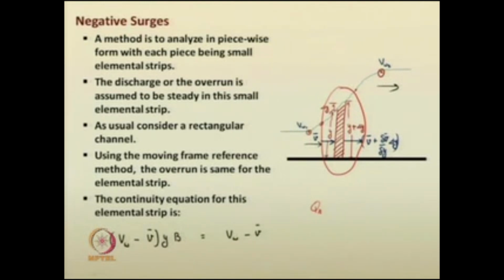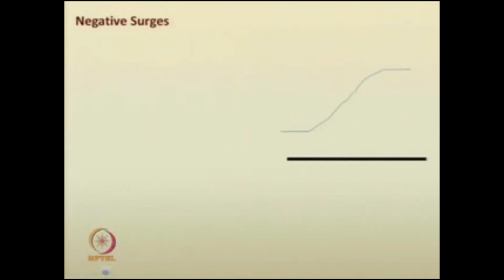Now, on the right side we have V bar plus del V bar by del y into delta y, into y plus delta y, into the breadth of the rectangular channel. So, this will be your continuity equation.